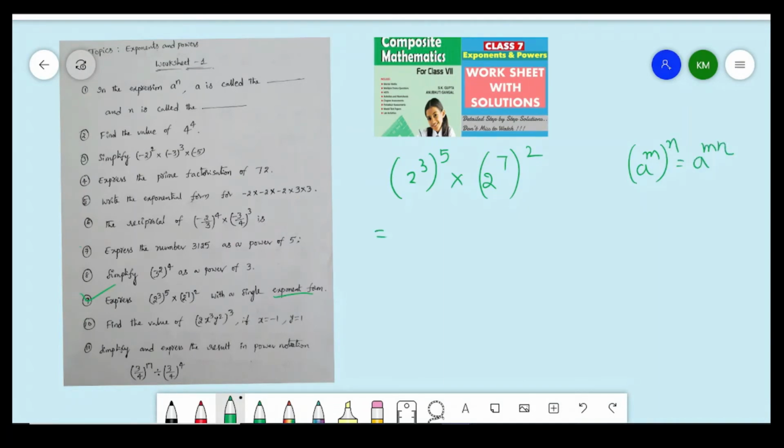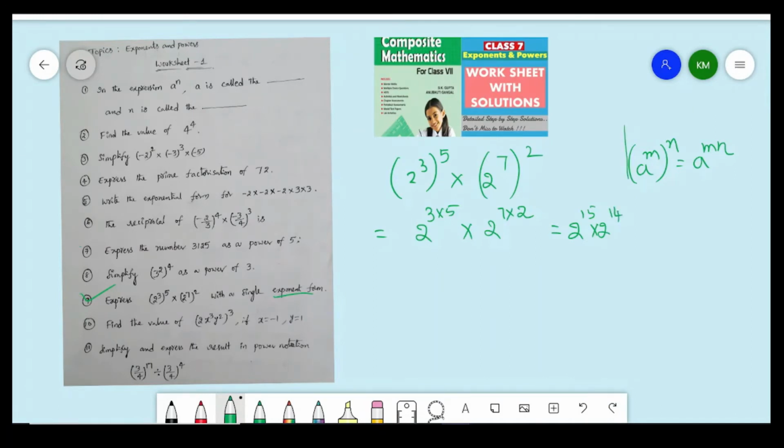So here 2 power 3 times 5, and again 2 power 7 times 2, that is nothing but 2^15 multiplied by 2^14.